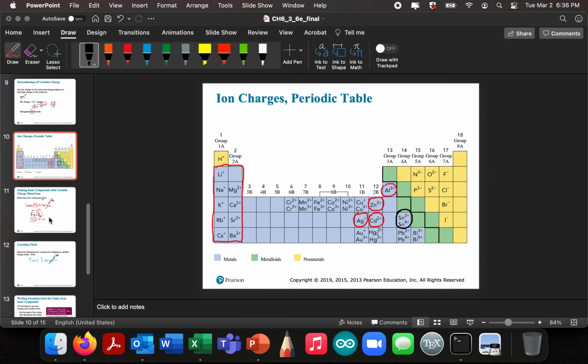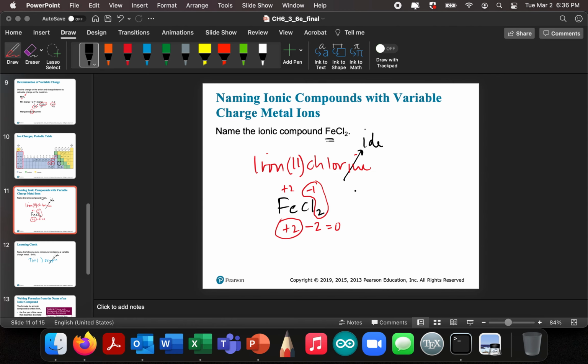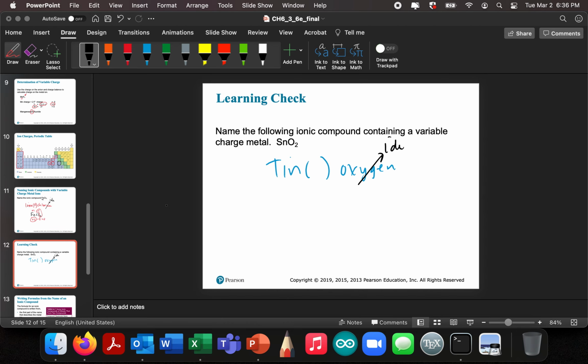It's a transition metal. Well, we know that SnO2, oxygen is in group 6, so it wants to be a -2. -2 times 2 is going to be a total of -4, and so it looks like the tin must be +4. And sure enough, it is tin 4 oxide.